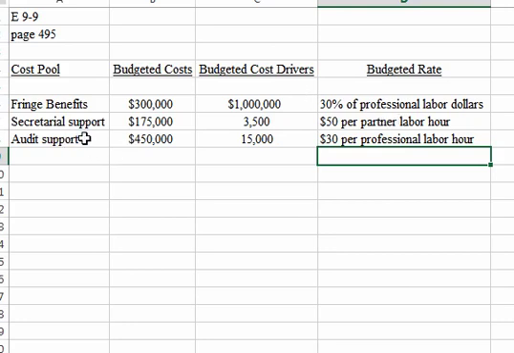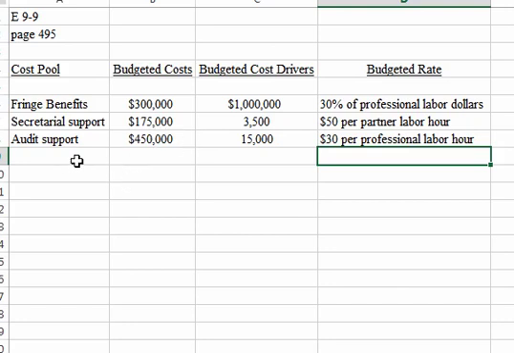What drives secretarial support? Well, hours spent by the partners in the firm. Maybe the partners are assigned one secretary each, or departmental assistant, or whatever. And the more hours they work, the more secretarial support they need. So the partner labor hours are driving this cost.